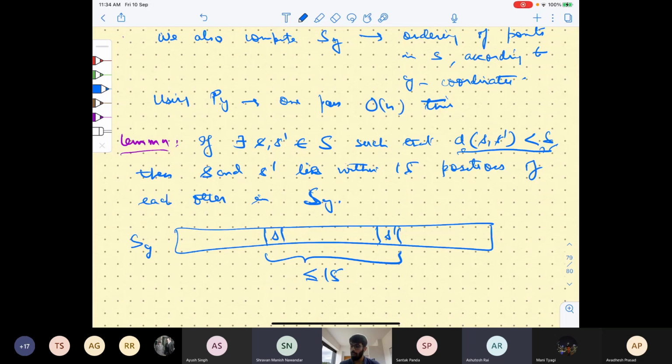So now you can do just one pass of the list, as Shravan says, going through Sy from left to right, and for every point you look at the next 15 points. So for every point you are computing 15 distances, and that is still linear in the size of Sy, which is order n. And if there exist such points with distance at most delta, then you are guaranteed to find them in 15 steps. That's what this lemma says.